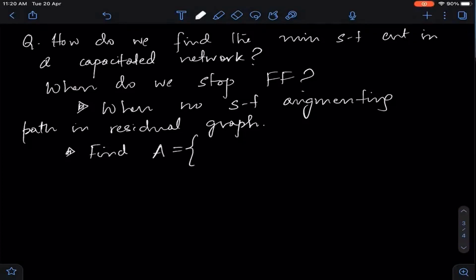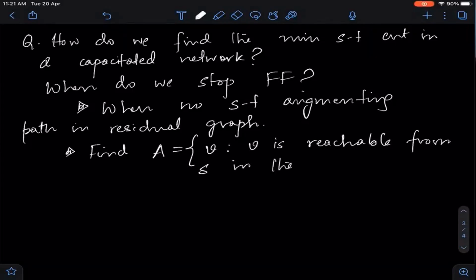A equals all the vertices V such that V is reachable from S in the residual graph. Okay, so I just find the set which is reachable from S.